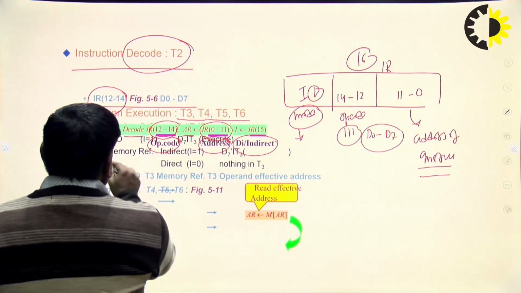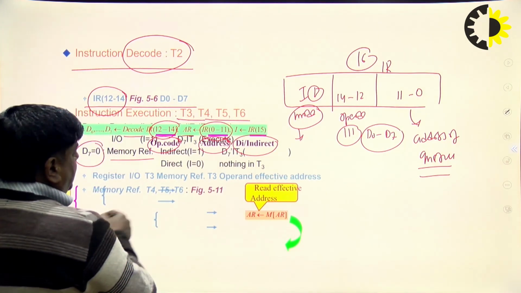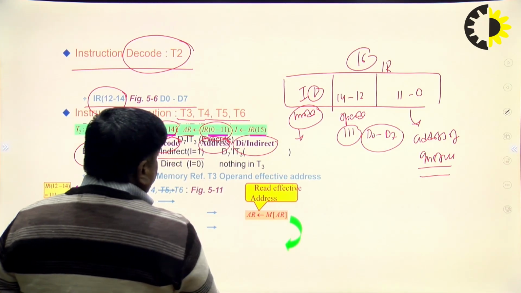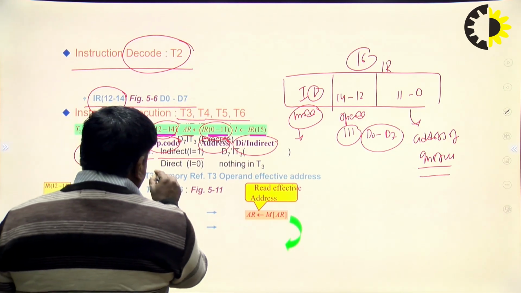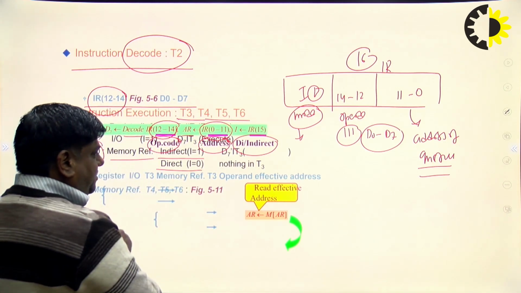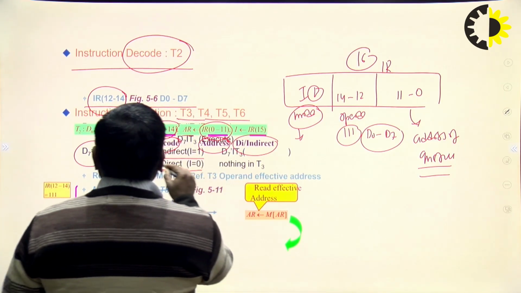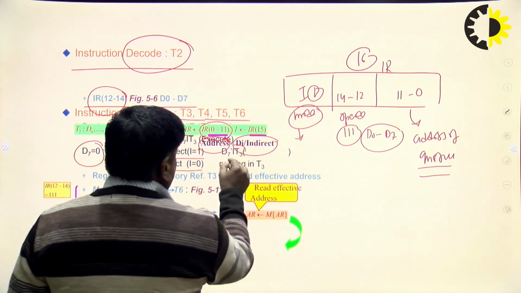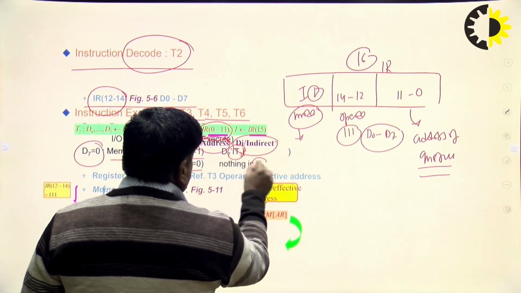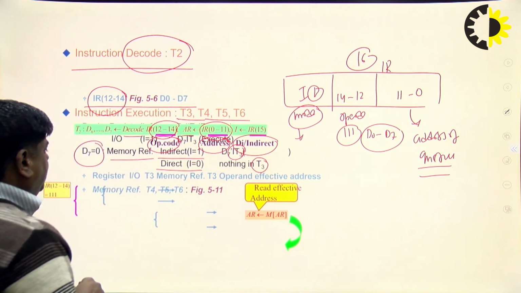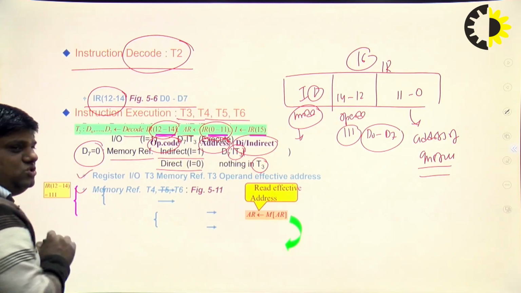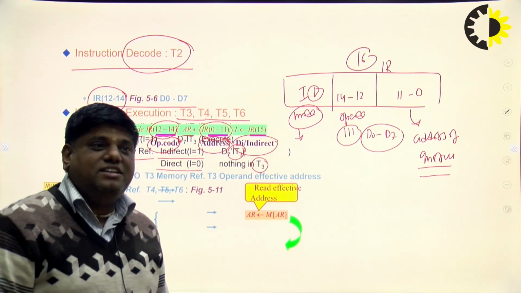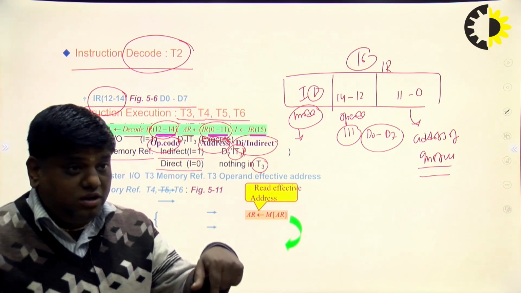If I is equal to 1, then it is known as an indirect reference. If I is equal to 0, then it is a direct reference. And this time cycle is very easy. For this process it is time cycle 3. It means for D not equal to 7, the instruction is executed as a memory reference.